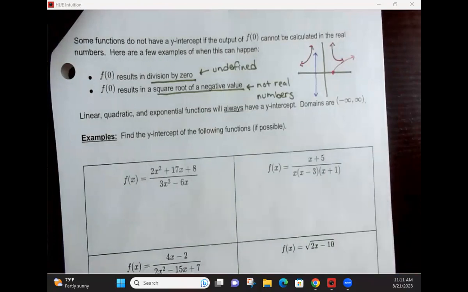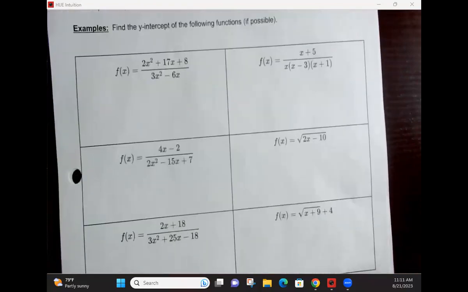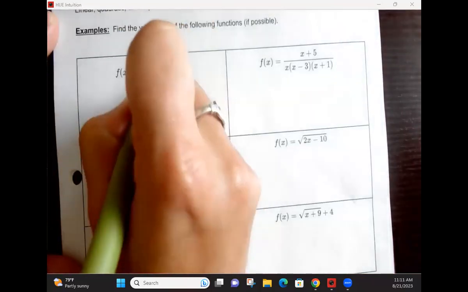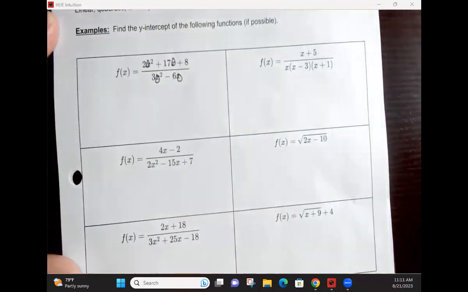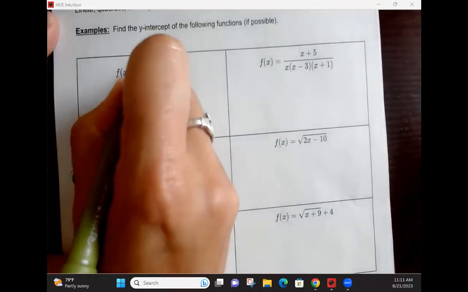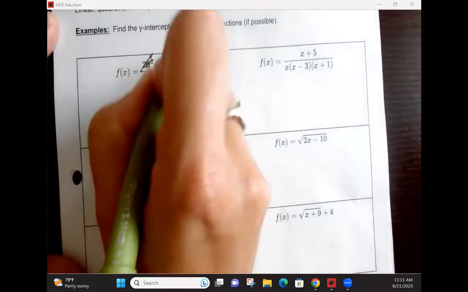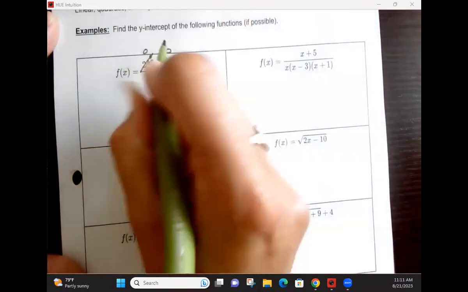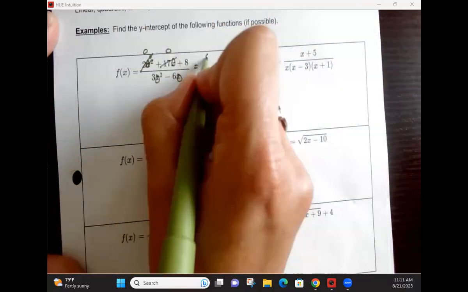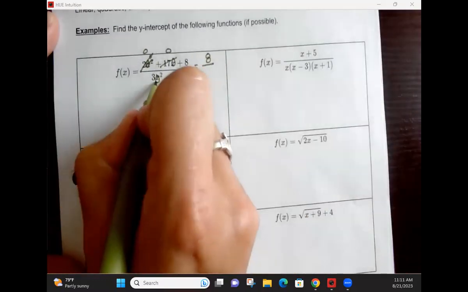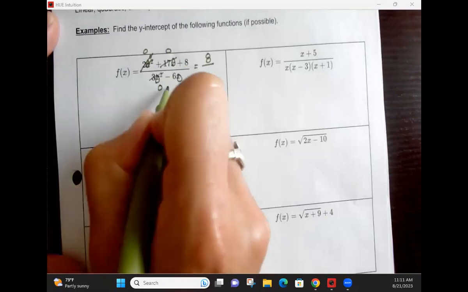Okay. So let's look at a couple of examples. For our first example here, we're going to do the same thing that we did on the front page. We're going to plug in 0 for our variables. So 0, 0, 0, 0. So 0 squared is 0. 2 times 0 is 0. 17 times 0 is 0. So I have 0 plus 0 plus 8 on the top. That's just 8. On the bottom, 0 squared is 0. 3 times 0 is 0.